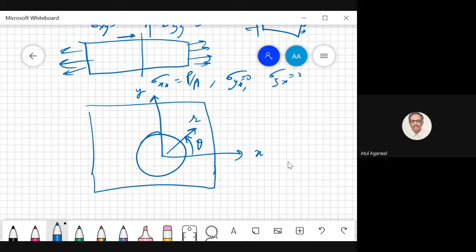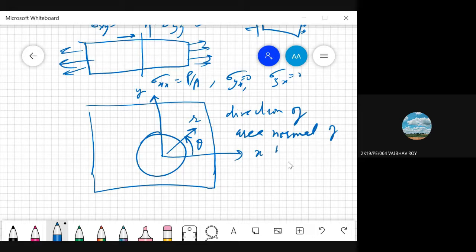On this surface, what is the area normal of the hole? What is the direction of the area normal of the hole? Sir, r cos theta. That is along the r direction. You can say it is the e_r direction, and this direction is known as the e_theta direction. If you go back to your lectures on mechanics, you will see that.